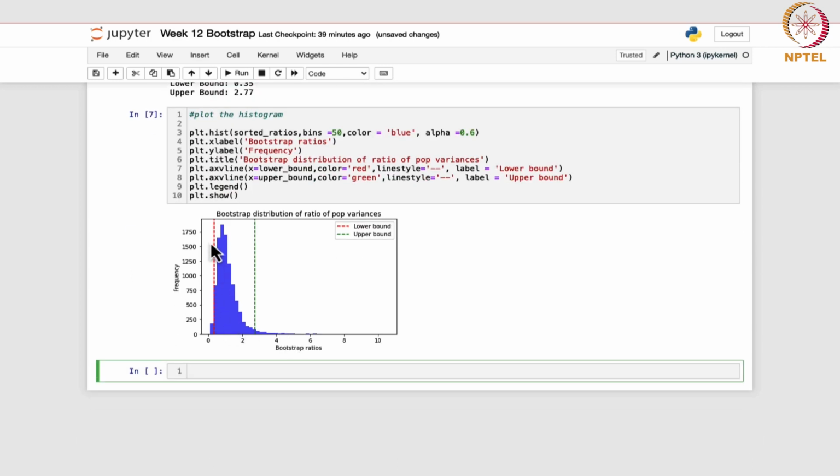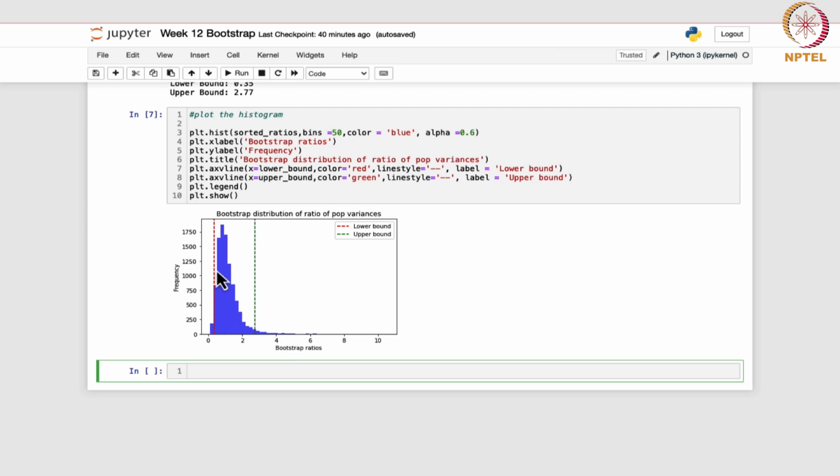So you can see that the ratio of two population variances is skewed, right skewed. If you recall, in the normal distribution case also it is skewed, because there we have the chi-square distribution, which starts from 0 to infinity and is right skewed. So here also, with sample variances, even when you do not know the original population, you can still find the 95% confidence interval.